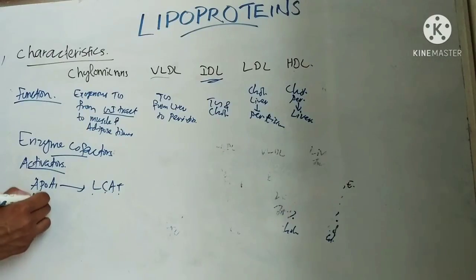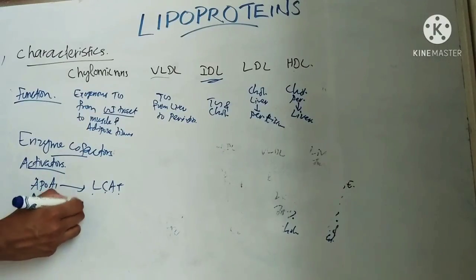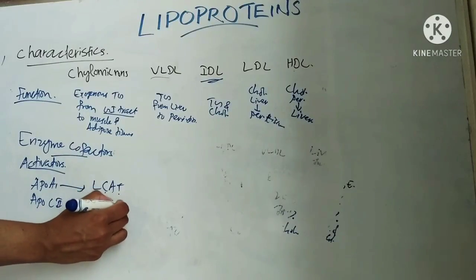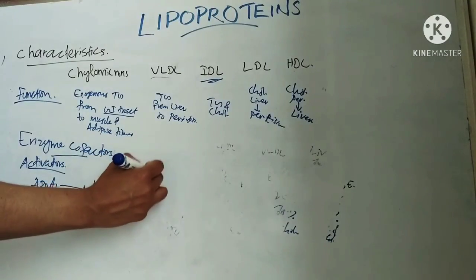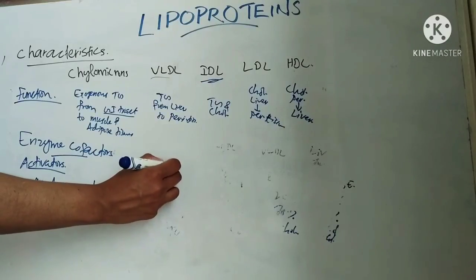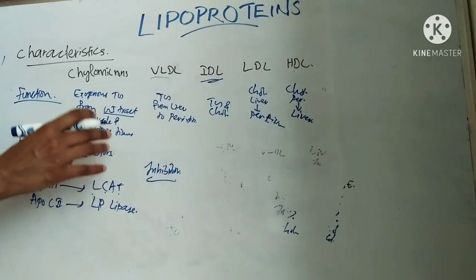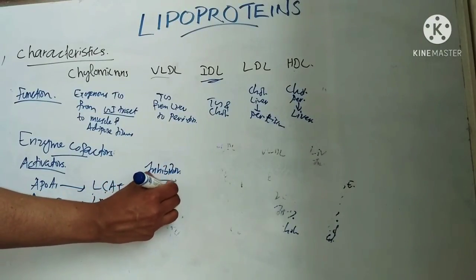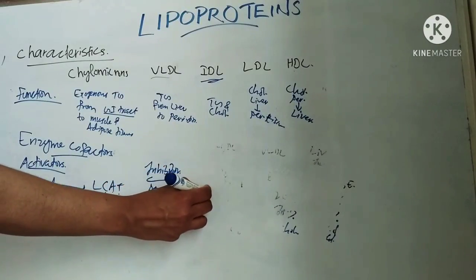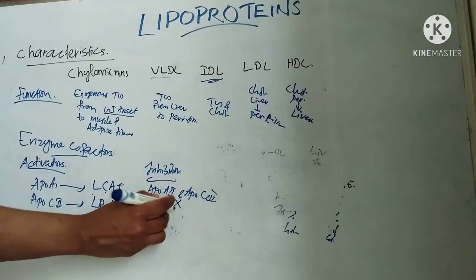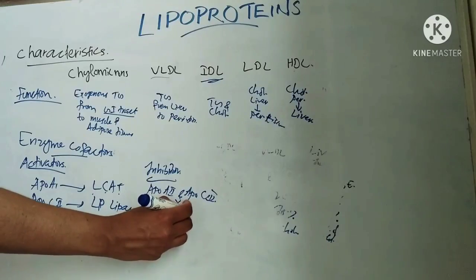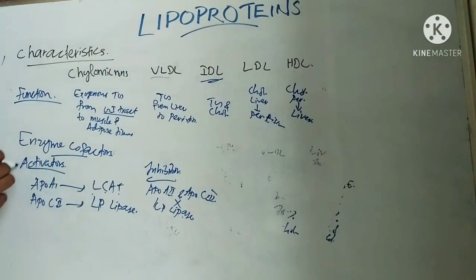Then ApoC2 activates lipoprotein lipase. Then inhibitors: ApoA2 and ApoC3 inhibit lipoprotein lipase. So these act as enzyme cofactors.